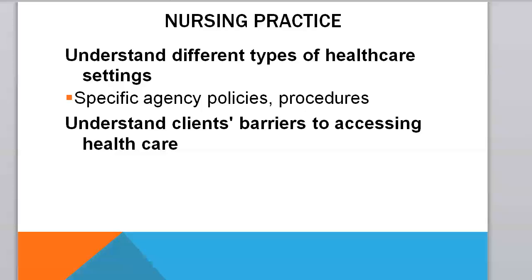So some people are lacking that as well. Okay, so this kind of sums up from the PowerPoint a little bit about healthcare delivery. So be sure that you review this PowerPoint and refer back to these important points that were discussed on these slides and that I discussed with you as well.